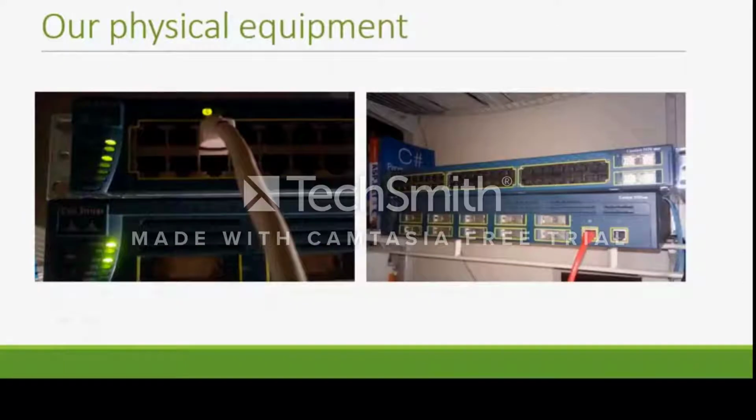Our physical equipment. Over here, you're going to see that I have connected only port 5, and I haven't connected anything else yet. This is a Catalyst switch 3500. This is also a Catalyst switch 3500. One of them has 46 ports, and the other one has more gigabit ports than regular Ethernet ports.